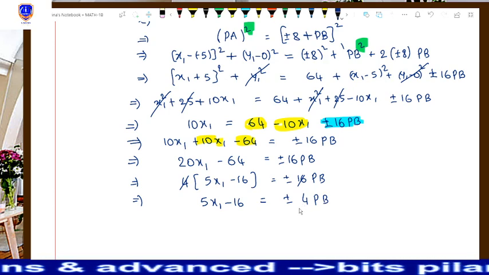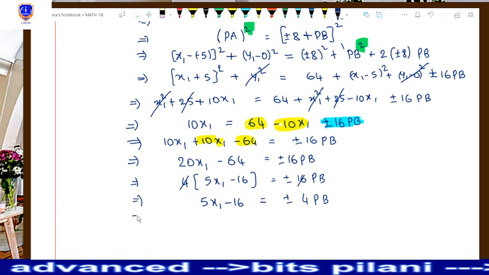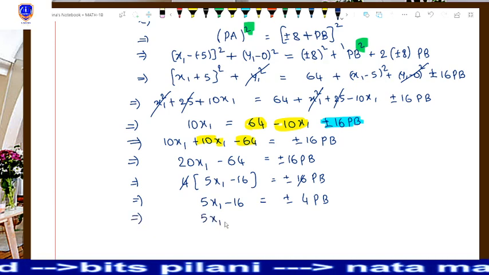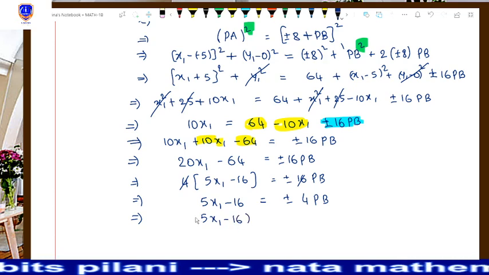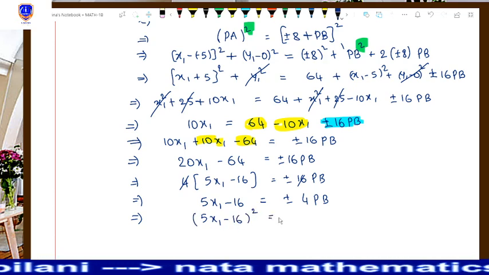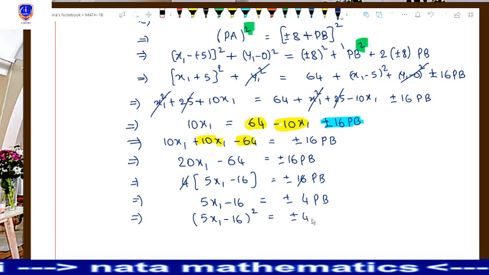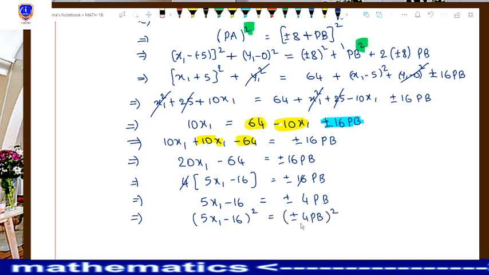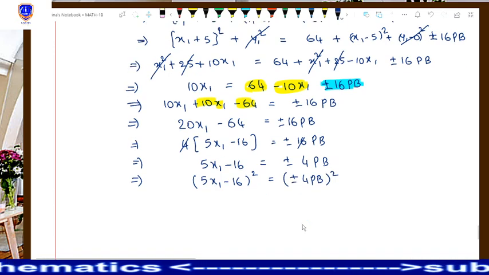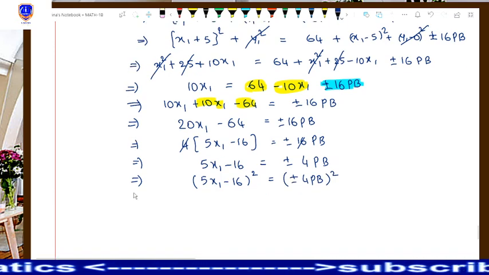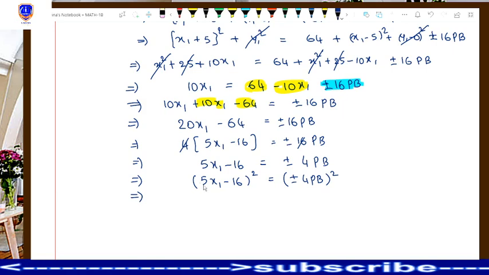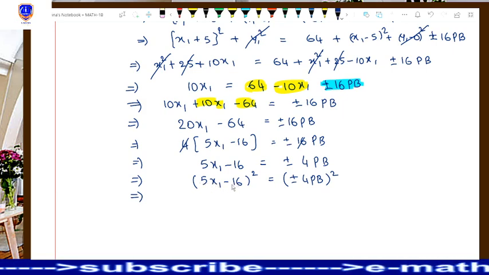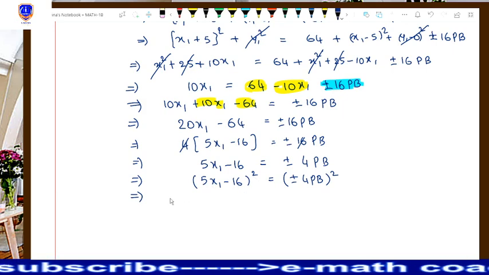As a next step, square on both of the sides. So plus or minus 4 pb whole square. Use the formula (a minus b) whole square for expanding this (5x1 minus 16) whole square.